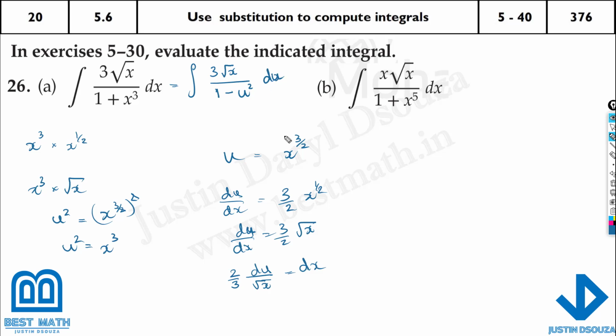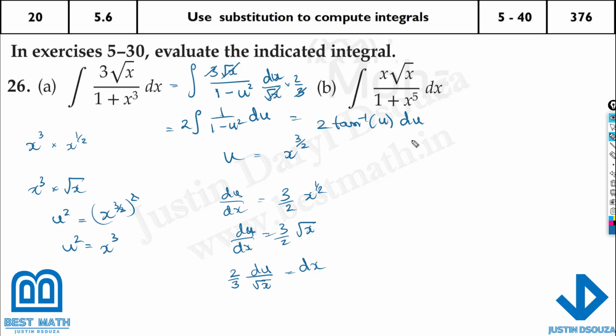It's du and all these terms, du by square root x multiplied by 2 by 3. So what can be cancelled? 3 can be cancelled with this, square root can be cancelled, 2 can be written outside, integral 1 by 1 minus u squared du. See, now this is tan inverse. So I can easily write this as 2 tan inverse of u.